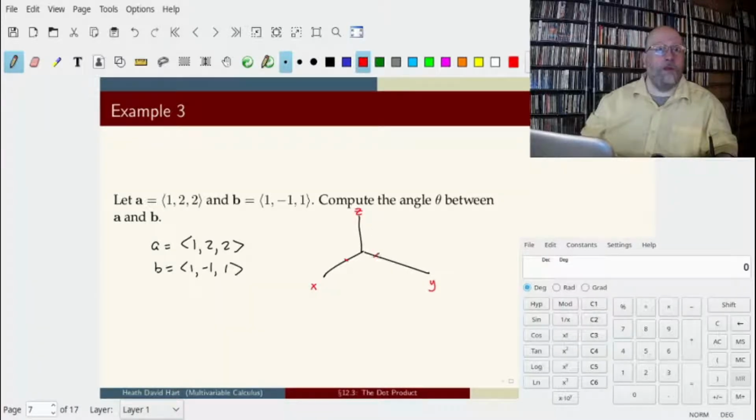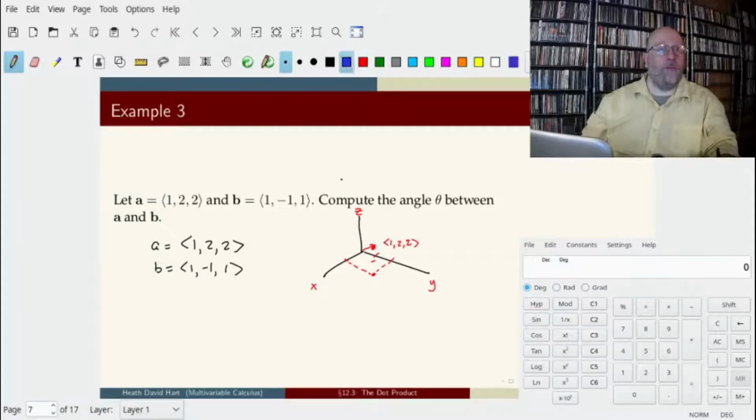Two units in the y direction. And then from this point, we go up 2 units to get to 1, 2, 2. And it's this vector here, starting at the origin and then going to 1, 2, 2.